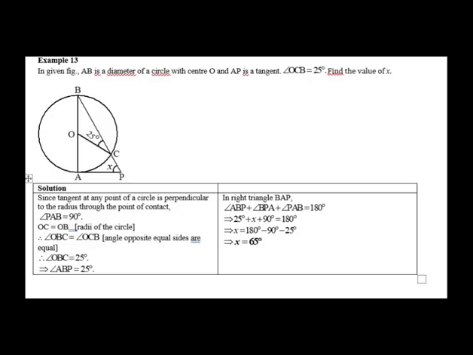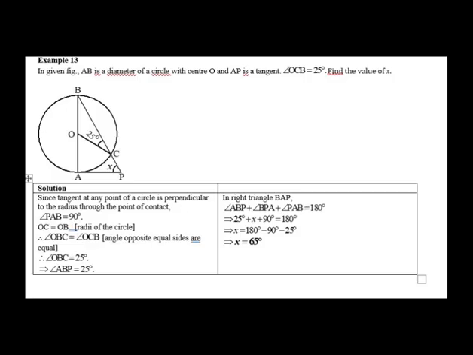Also, OC and OB are the radii of the same circle. Therefore, OC is equal to OB. Hence, angle OBC is equal to angle OCB, because angles opposite to equal sides are equal. Therefore, angle OBC is equal to 25 degree, which implies angle ABP is equal to 25 degree.